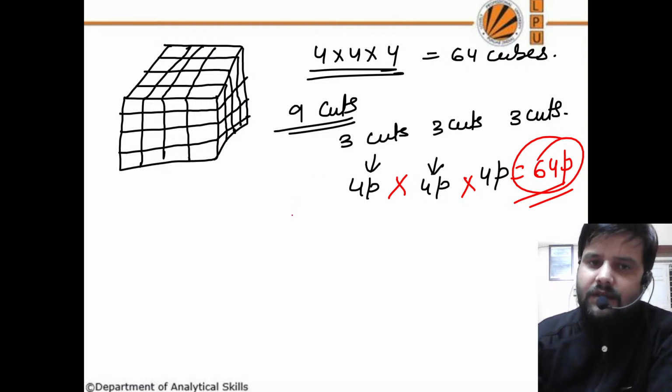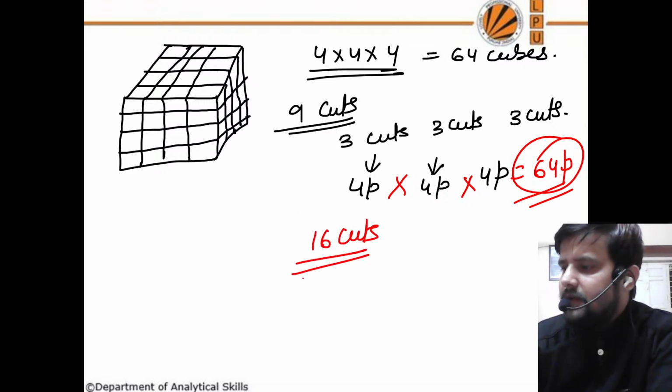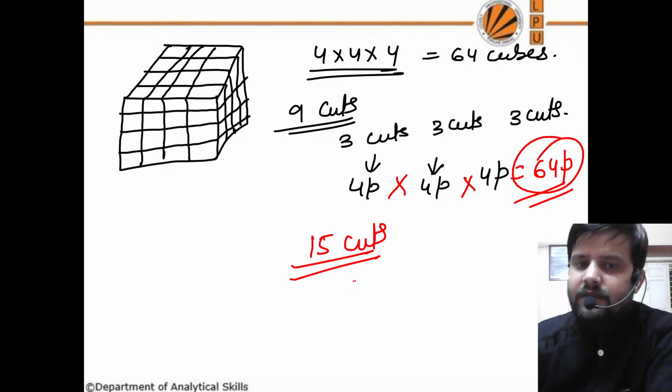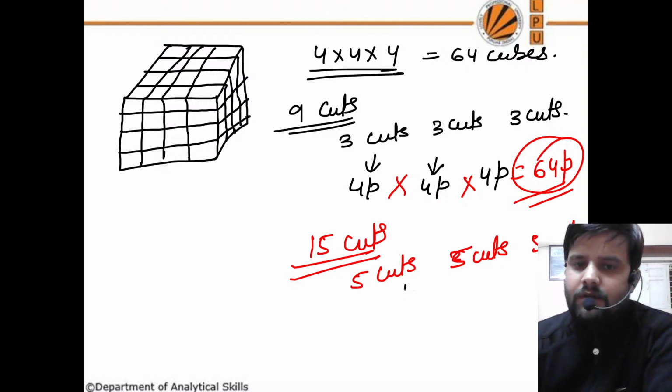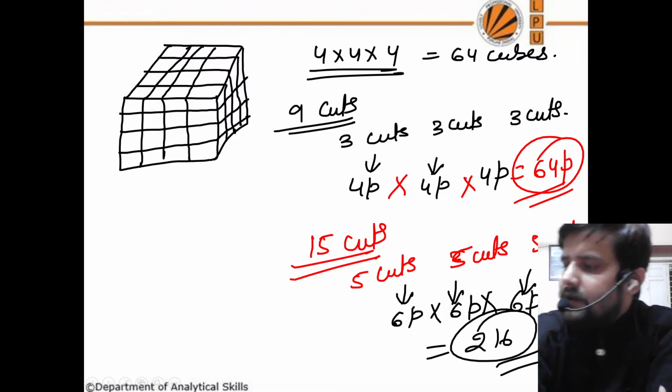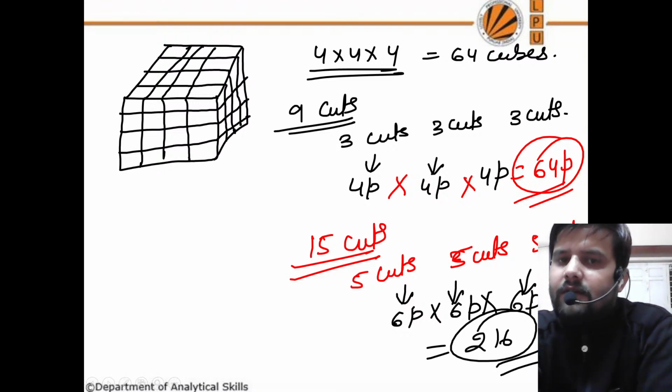Now the same, if they give you 15 cuts, distribute cuts in 3 dimensions: 5 cuts, 5 cuts, 5 cuts. So 6 pieces, 6 pieces, 6 pieces. It means a total of 216 cubes you will get. This is the first question they ask on this.